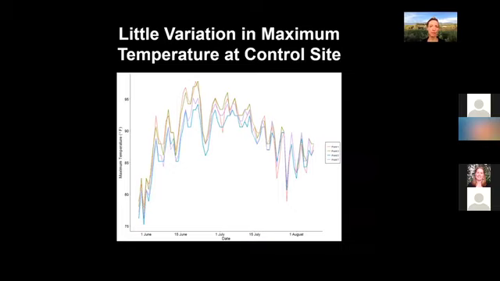So each of these lines here is within a single site. This is our control site. We see little variation in maximum temperature between photo stations within a site at our control site. So native dominated vegetation here, and maximum temperatures of approximately 85 to 95 degrees.